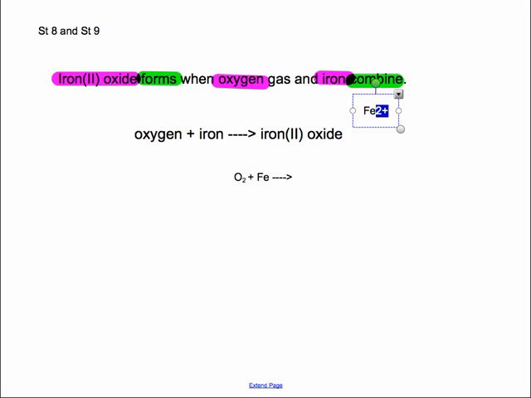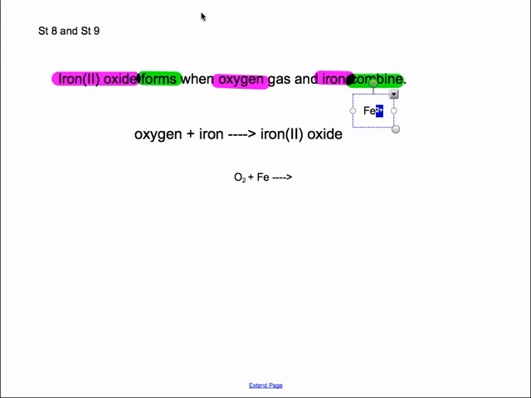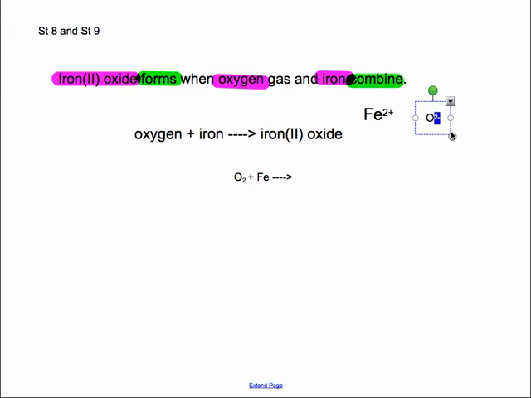So here I have iron, and because of the Roman numeral 2, I know that this is iron with a 2 plus charge. And the oxide is really the ionized form of oxygen, and this is O with a 2 minus charge. Let me just format this so it looks like it's supposed to.